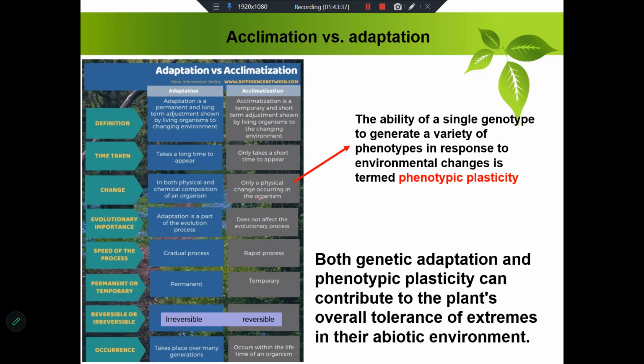So actually how this happens, we say acclimation is due to what we call phenotypic plasticity of an organism. Okay, what is the term phenotypic plasticity? We know what is meant by phenotype, we know what is meant by genotype, and then another word, plasticity.